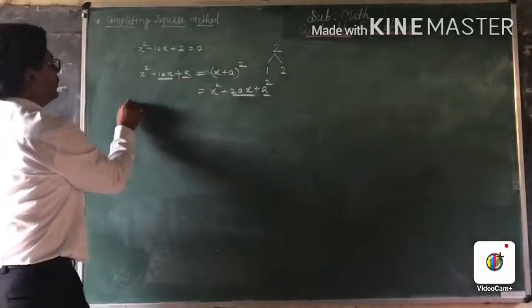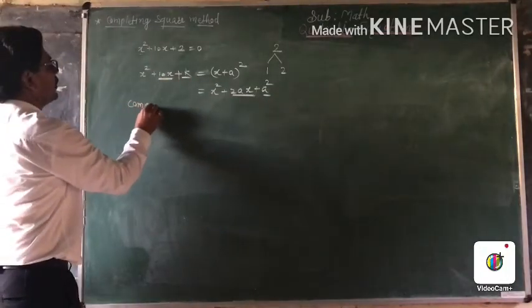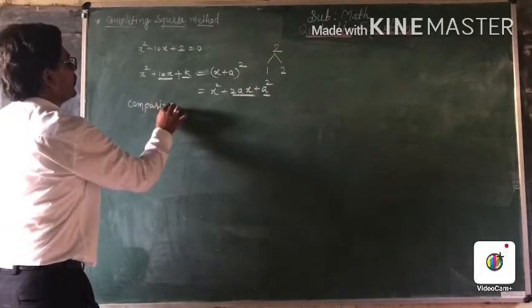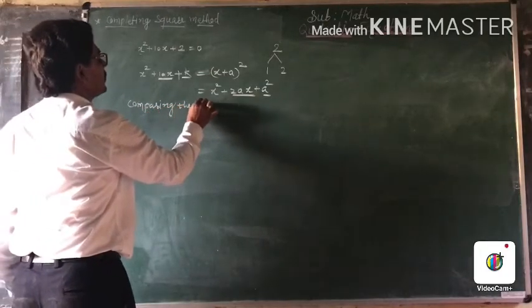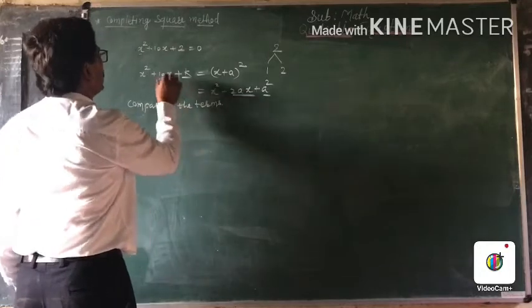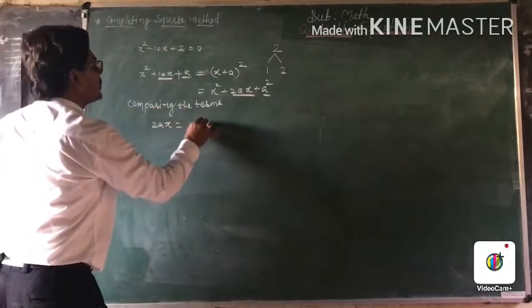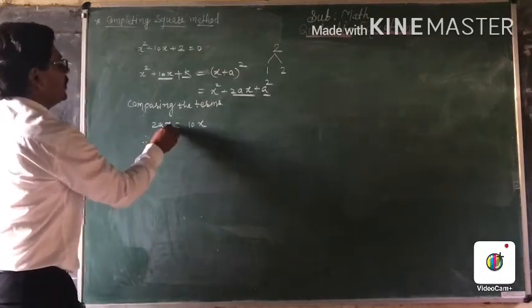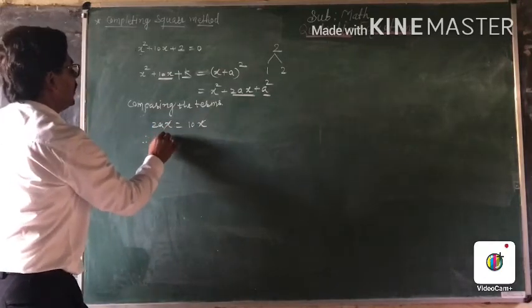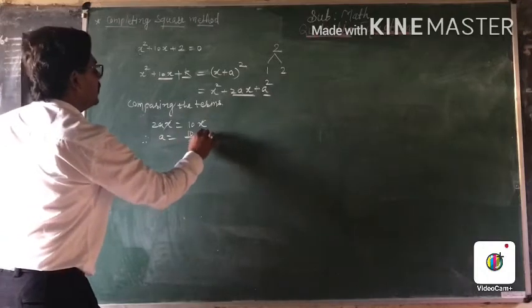Now comparing the terms, 2ax is equal to 10x. Therefore, x gets cancelled, a is equal to 10 divided by 2, which is 5.